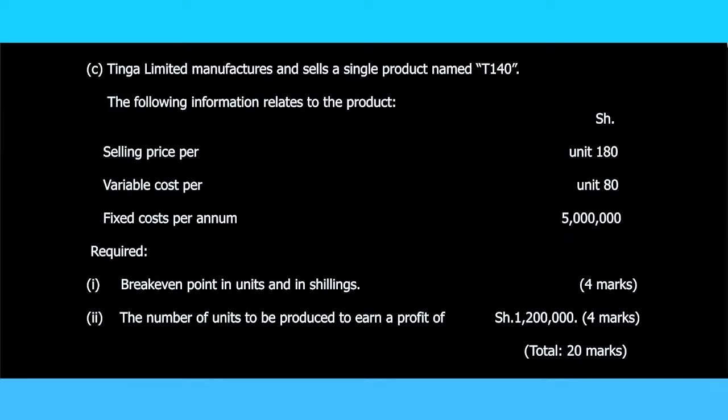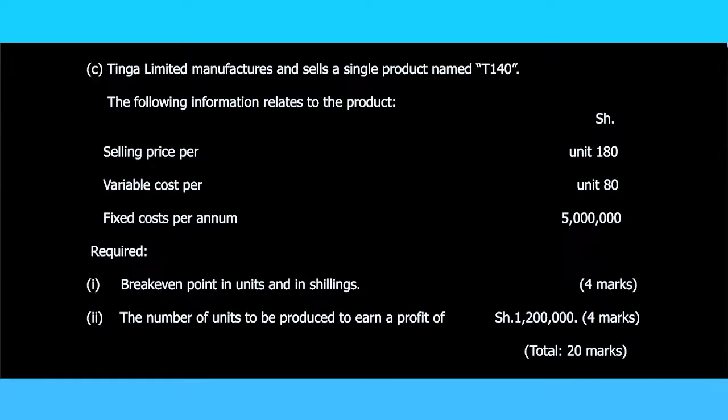Selling price per unit is 180 shillings, variable cost per unit is 80 shillings, fixed cost per annum is 5 million. Required: Roman 1, break-even point in shillings and in units. Roman 2, the number of units to be produced to earn a profit of 1.2 million.